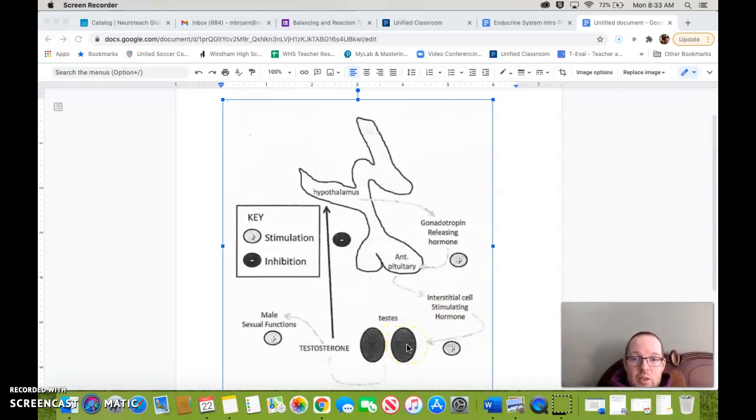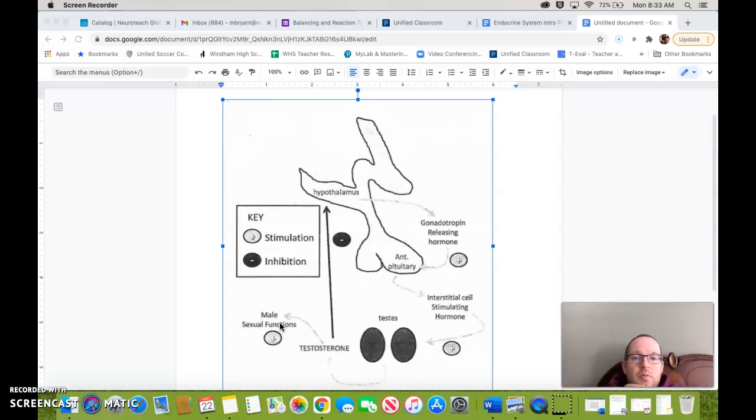And the testes, when they receive ICSH in high enough quantities, are going to release testosterone. And testosterone does many things, helps promote the development of sperm, helps to promote male sexual functions. So we're talking the development of secondary sexual characteristics, the deepening of the voice, the development of body hair, the development of muscle mass, all of those things that we associate with puberty in males.